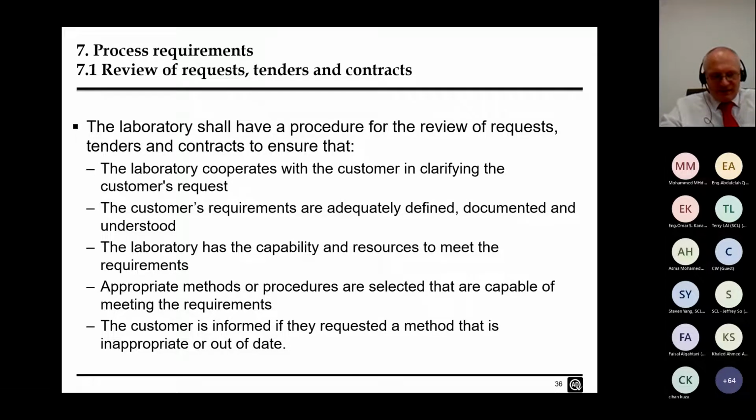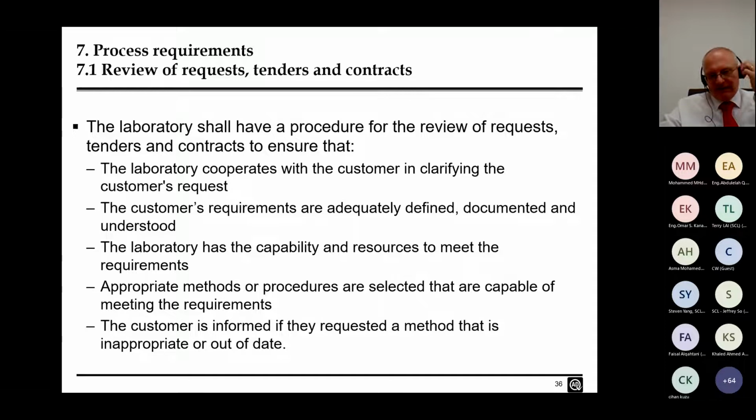So we know what the customer wants. We make sure that we have the capability to meet the requirements, that our measurement capability is sufficient, and we have the resources: the people, the equipment, and the facilities available to do that work. We make sure that we've selected appropriate procedures to meet the requirements.